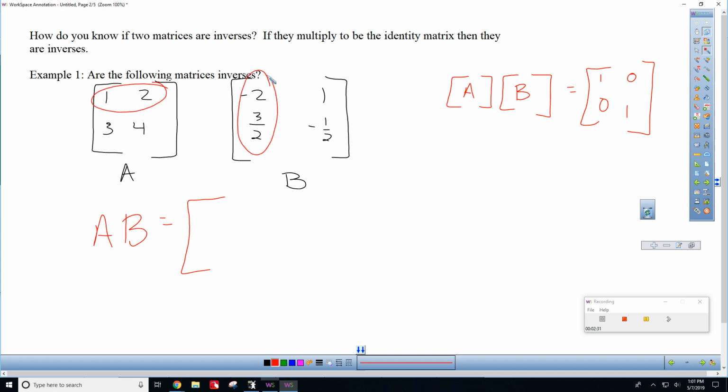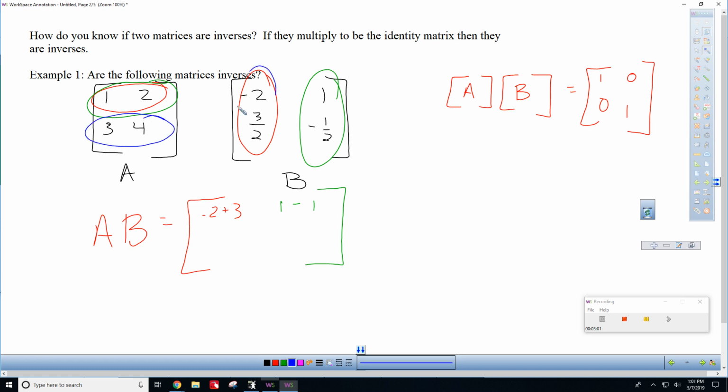Okay, so 1 times -2 is -2, and 2 times 3/2 is 3, so -2 plus 3. This one by this one. 1 times 1 is 1, 2 times -1/2 is -1. Okay, I like the way this is starting.